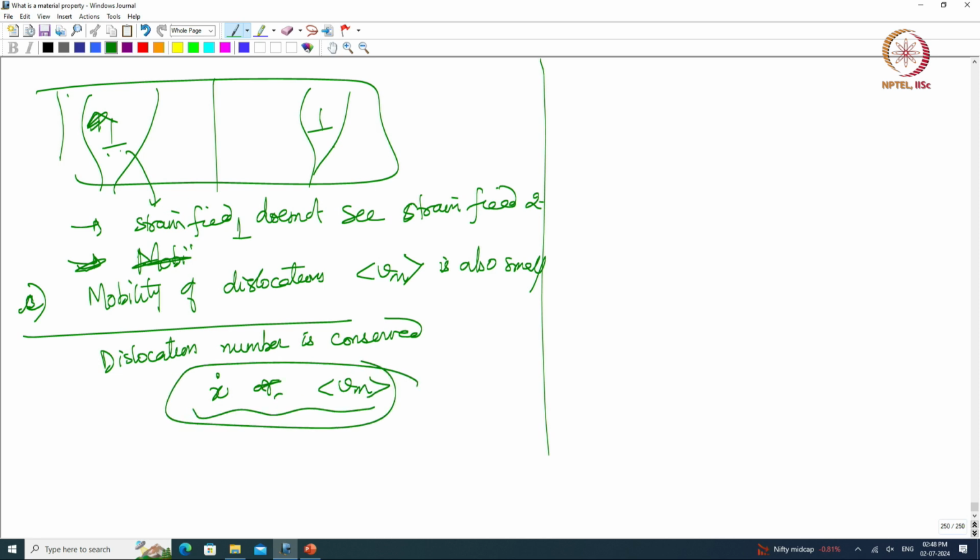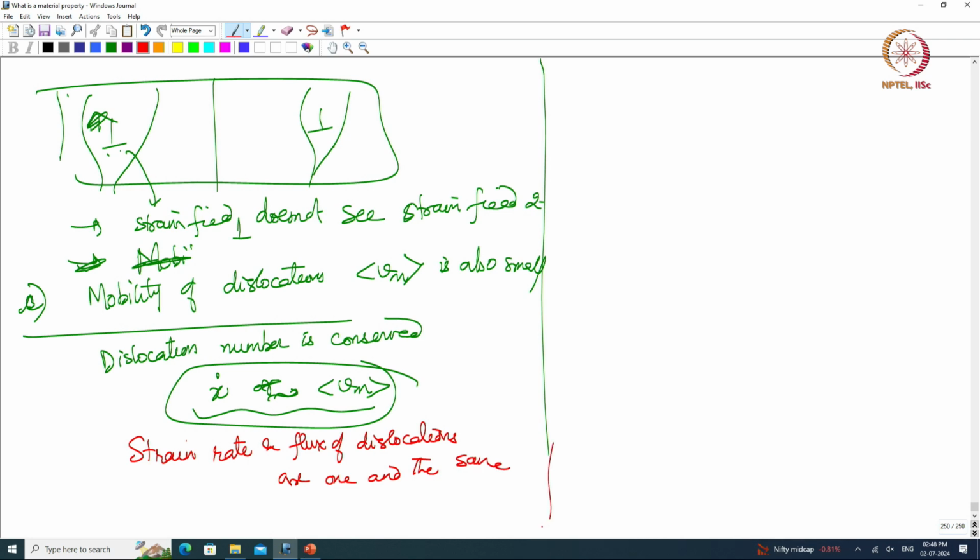So, these will be related. I can just talk about flux of dislocations instead of strain rate. So, strain rate and flux of dislocations are similar. But only under these conditions, and it is not likely that you always encounter these conditions.